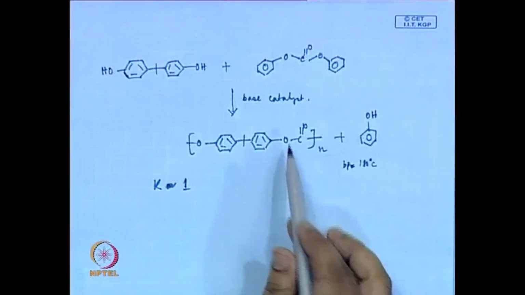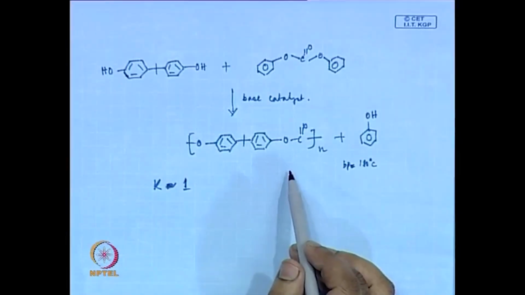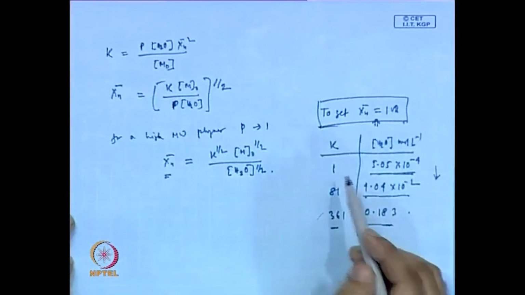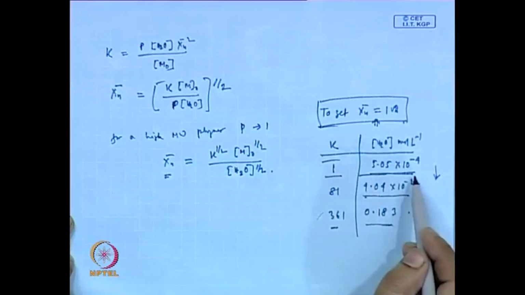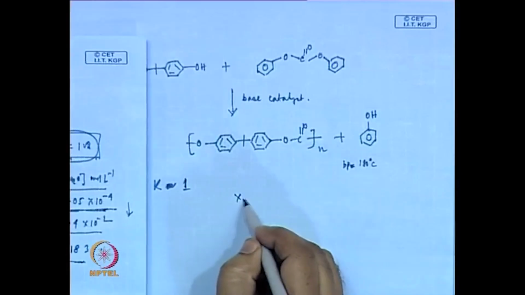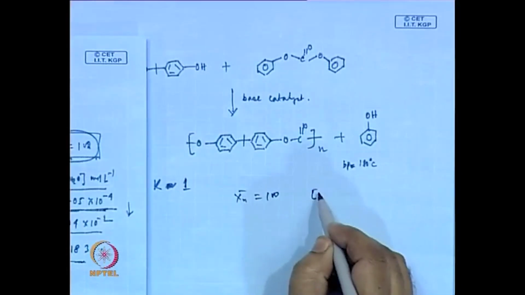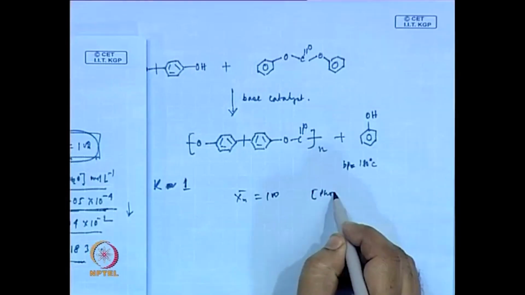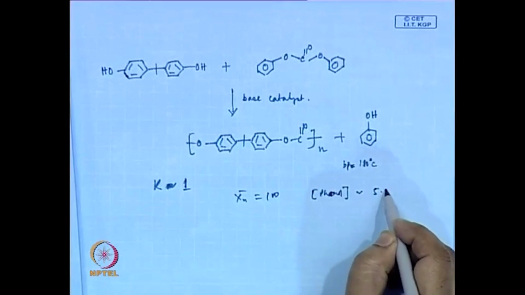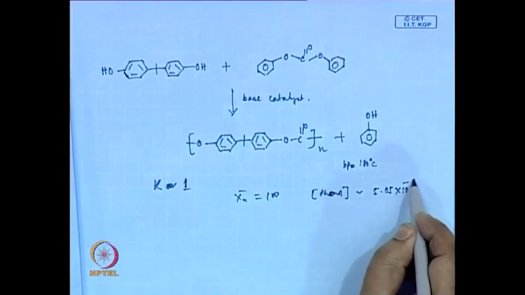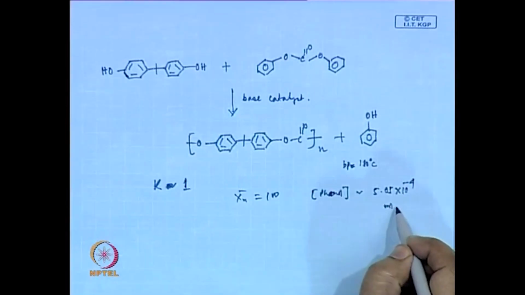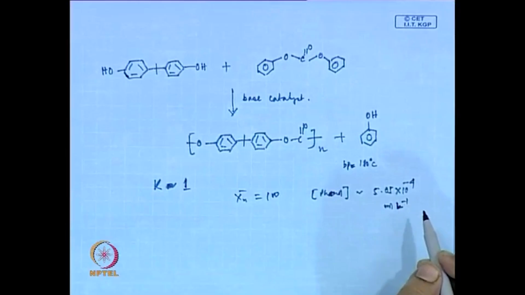So, here to build a molecular weight, if I consider this the same as the H2O case in the last slide, this K is 1. So, to build an xn of 100, the phenol concentration should be 5.05 x 10 to the power minus 4 moles per liter.